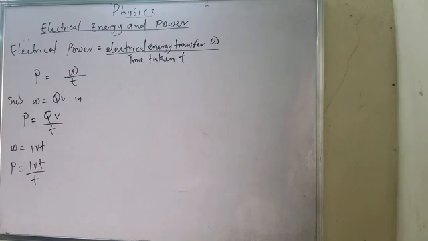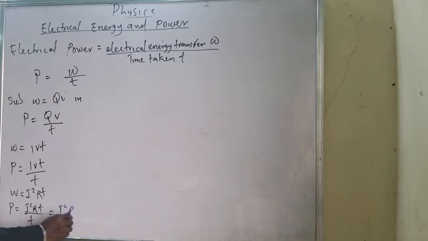What else can we say there? We can also say that energy can be equal to I squared R T, so my power can be equal to I squared R T divided by T, which implies I squared R, because the T's cancel.